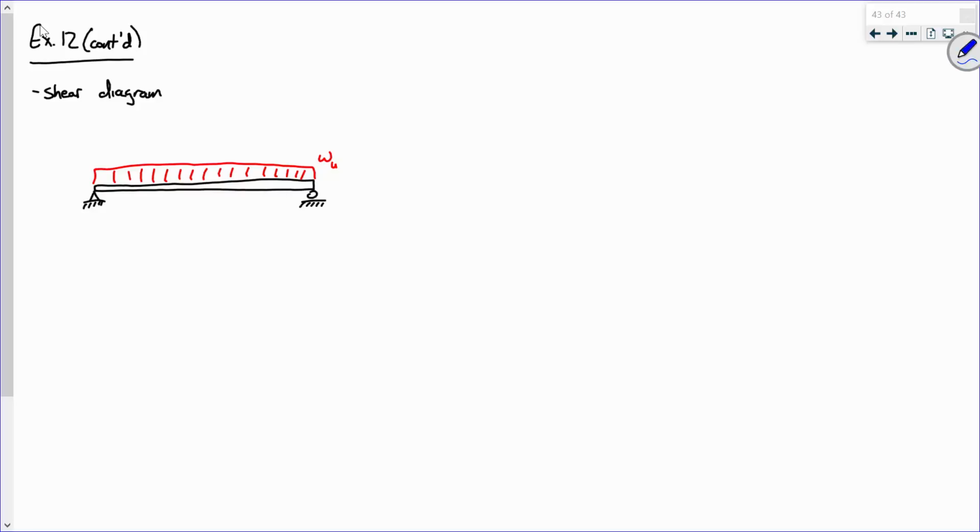First off, would you agree, just based on the loading, that the reactions are going to be the same? Agree with that? And this dimension is going to be L. Everybody okay with that?